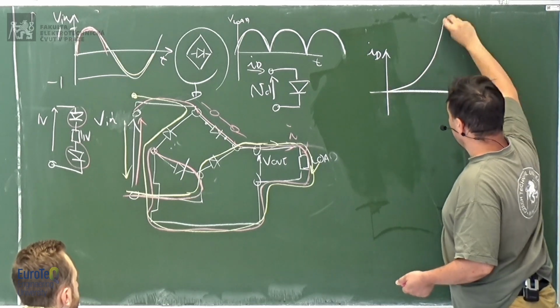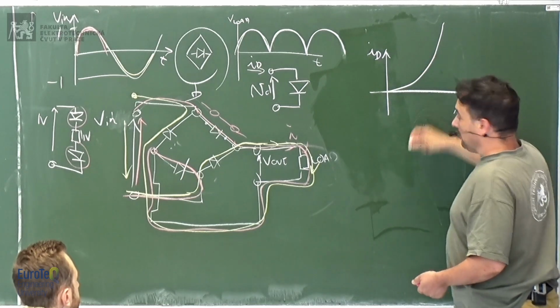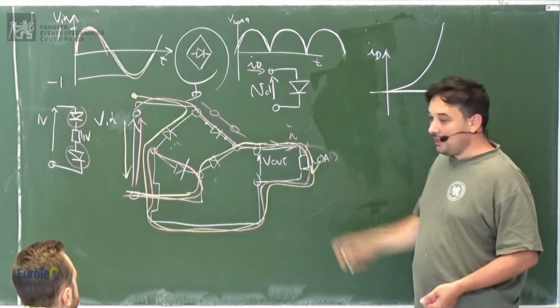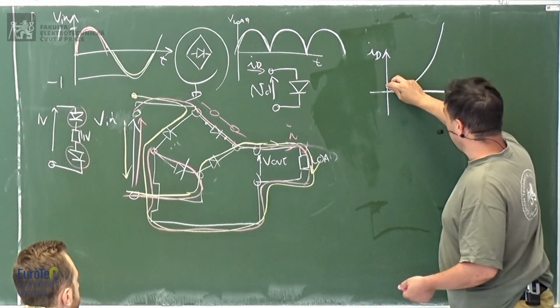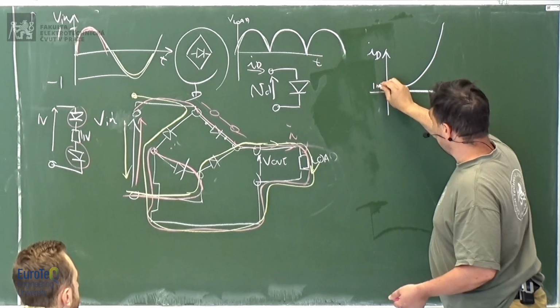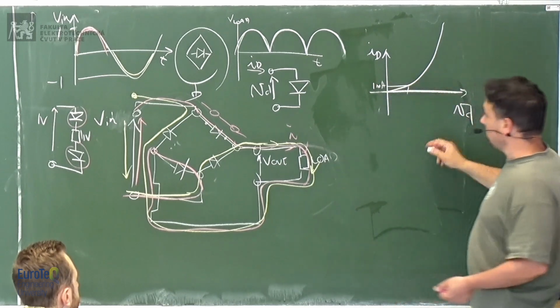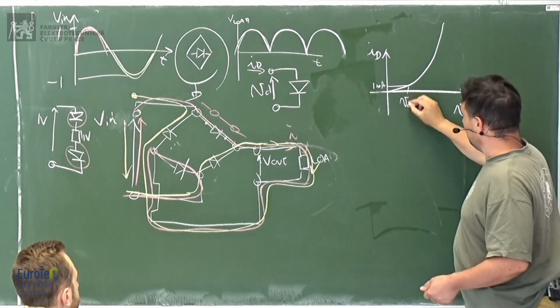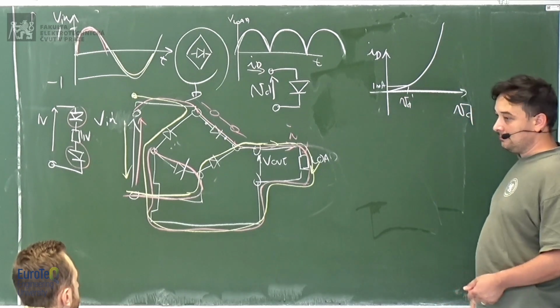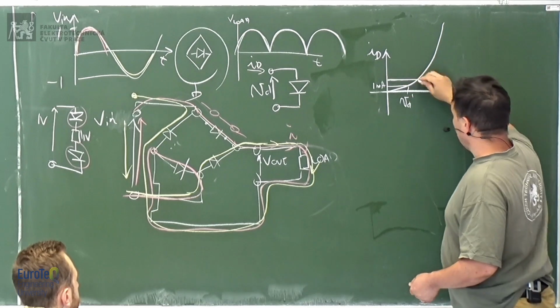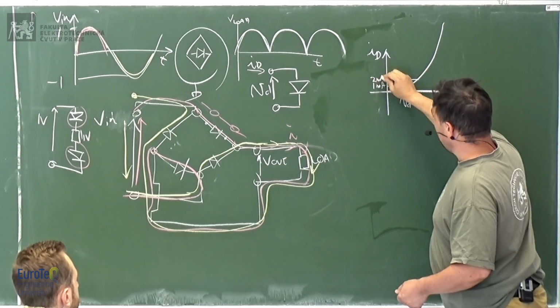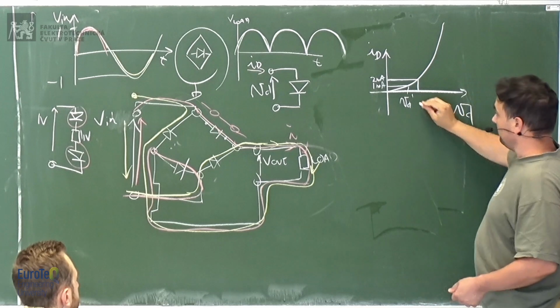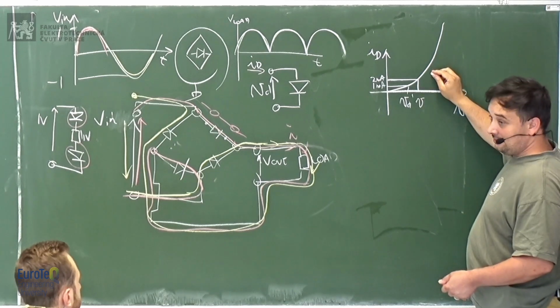Yeah, the exponential. Okay, so you see, I want to have 1 milliamp here. The voltage of the diode will be, I don't know, whatever. Okay, VD prime. I want 2 milliamp. The voltage of the diode is not twice.